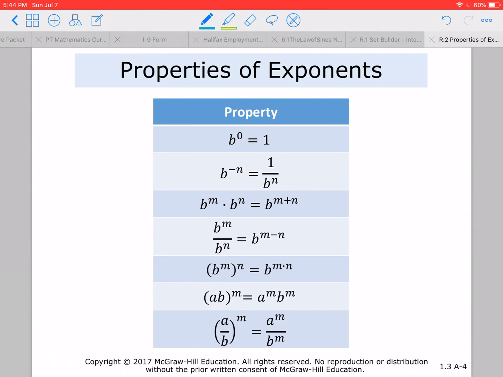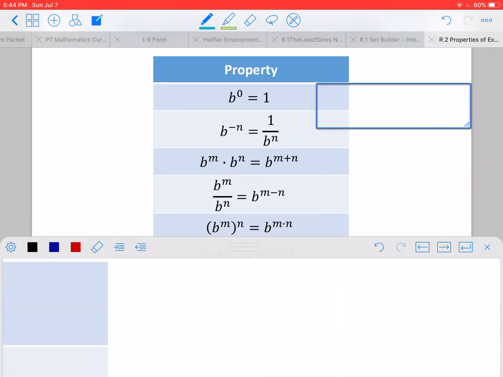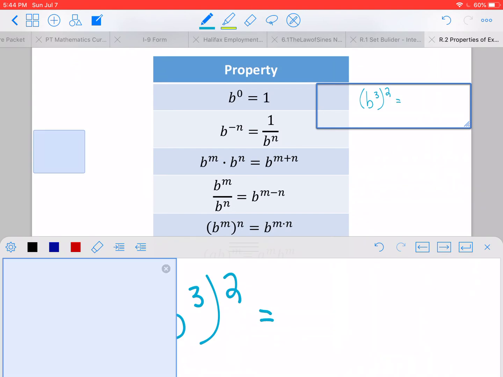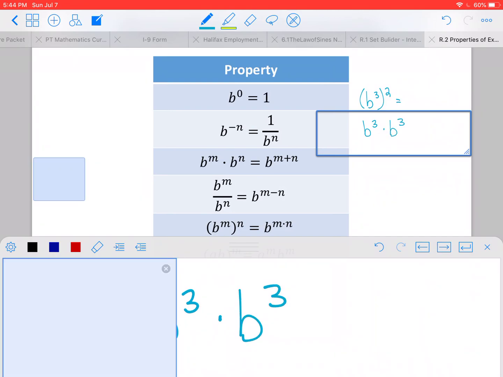Okay, the next property is b to the m, to the n. Let's say b to the 3rd, squared. What does that look like? B to the 3rd squared. So that's b to the 3rd times b to the 3rd. That took care of our squared.